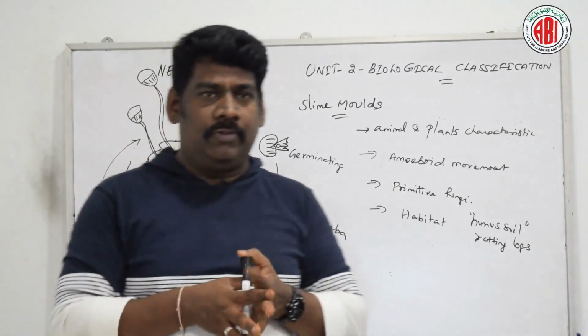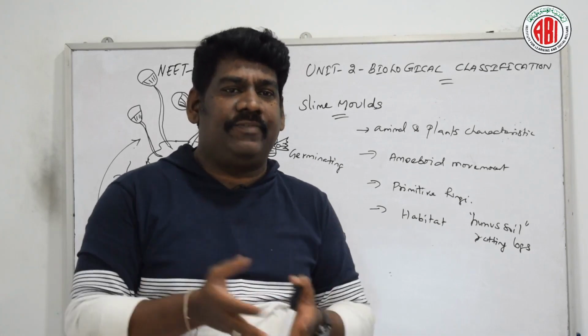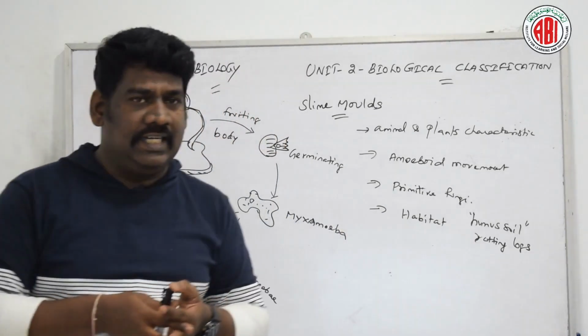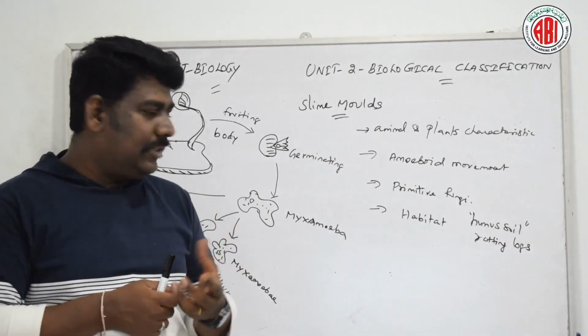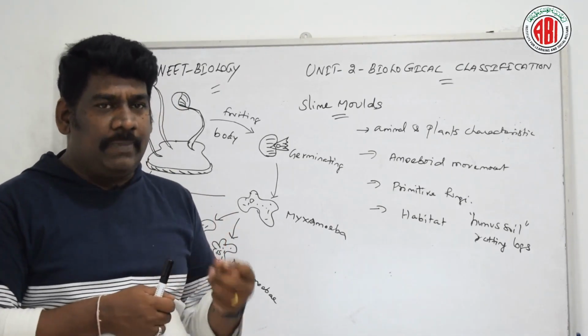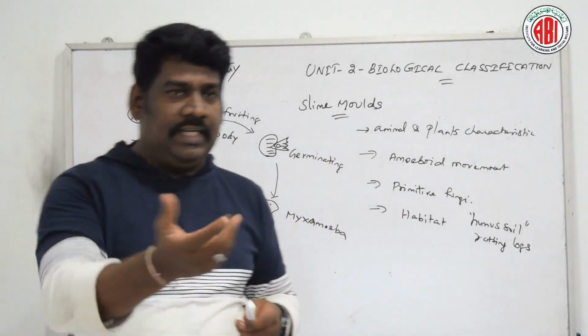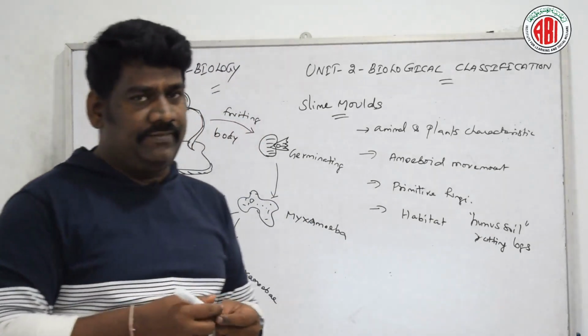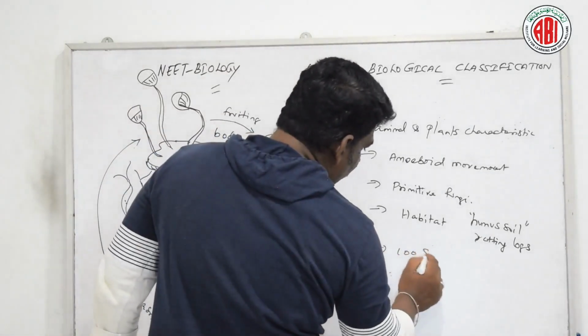And talking about the different characteristic features of this particular organism, for example, there are more than 100 species spotted under this category of slime mold. Let us discuss a few examples of this category.